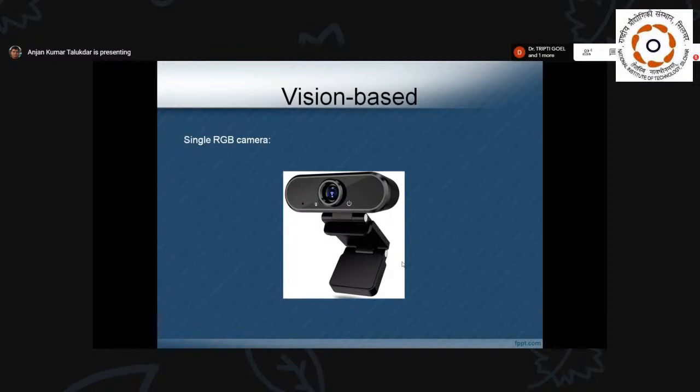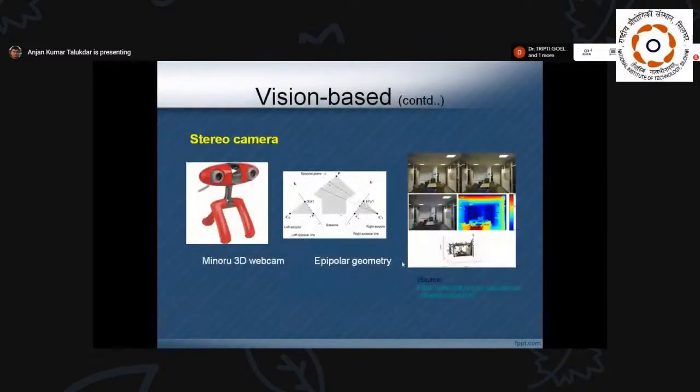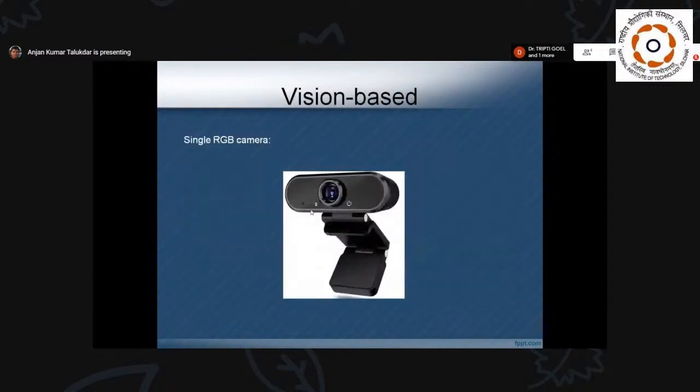That is why we should use images with low or medium resolution. But in case of a single RGB camera, we only get two-dimensional information or a 2D image.